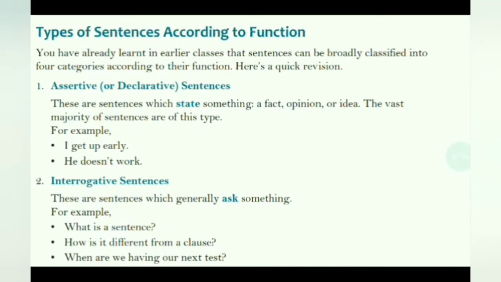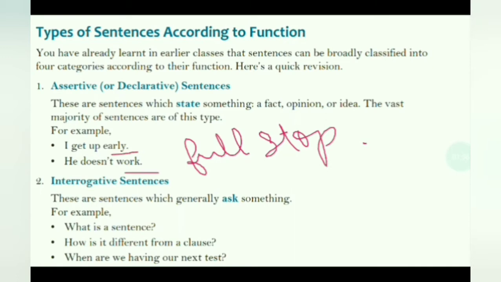And remember that assertive or declarative sentences end with a full stop, like a dot. As you may see, at the end of these sentences there is a full stop. Just simple sentences are called declarative sentences, like I like mango, she is swimming, etc.